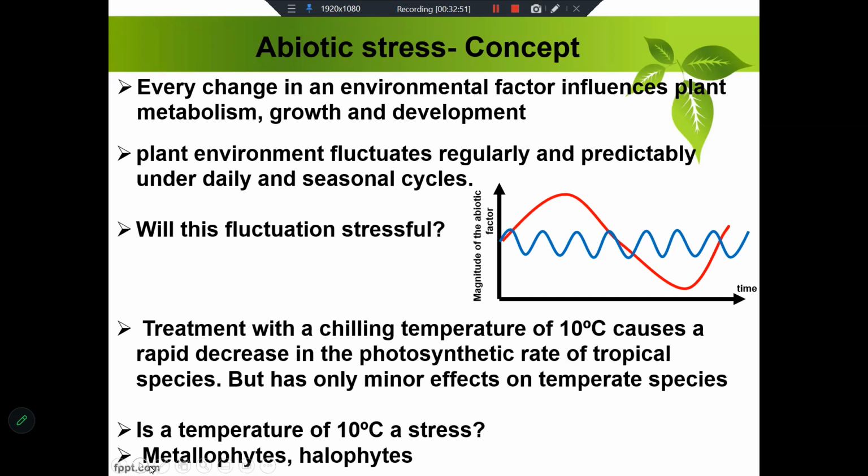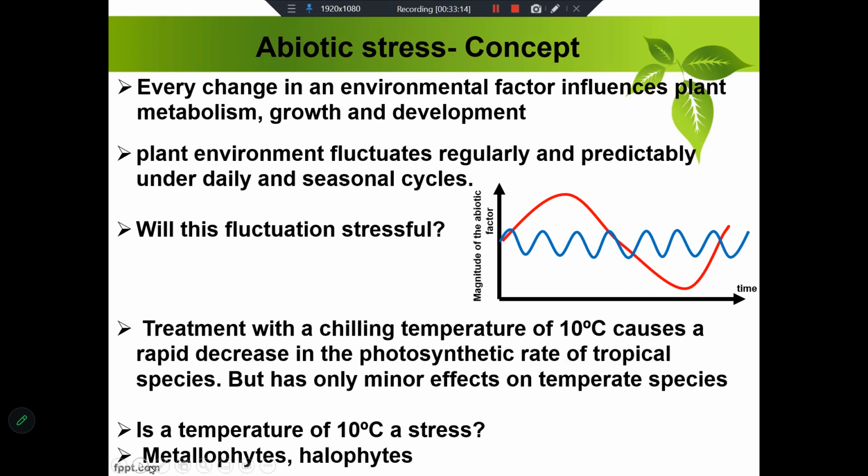And they grow and they reproduce well, and they are growing in soil with extremely high concentrations of what we call heavy metals and also salts. Do you think that those plants are under stress? What do you think?